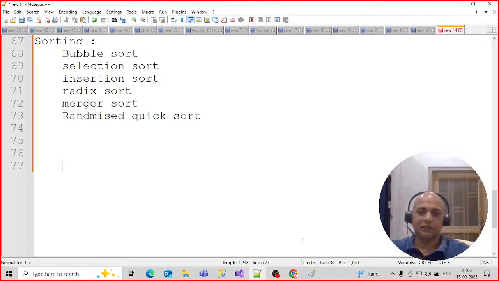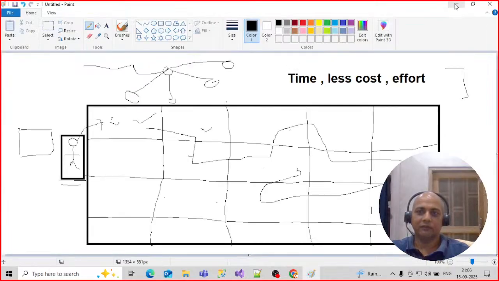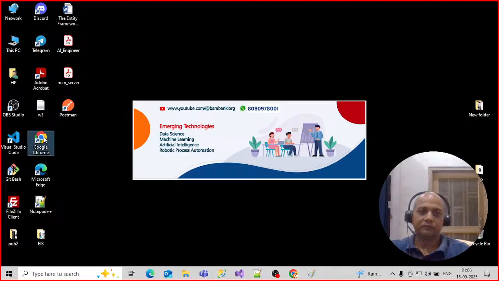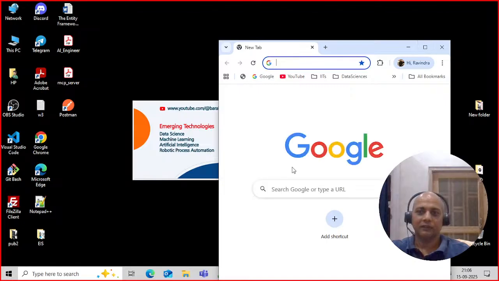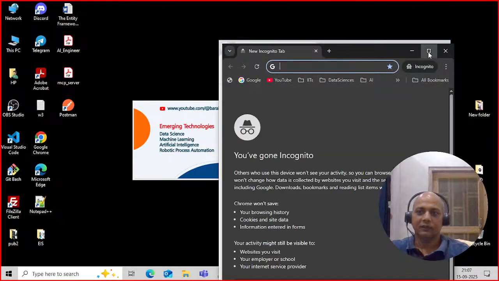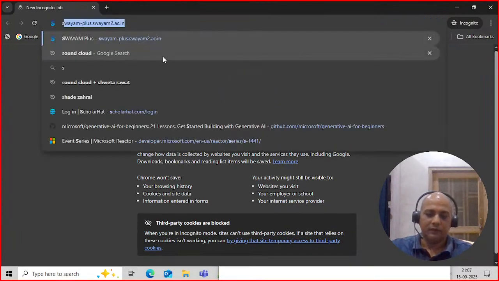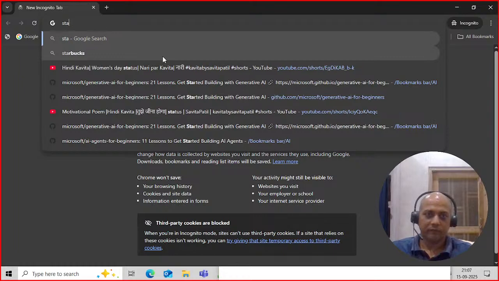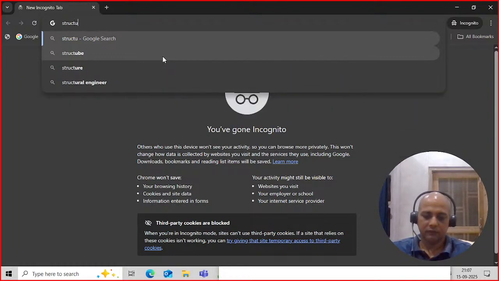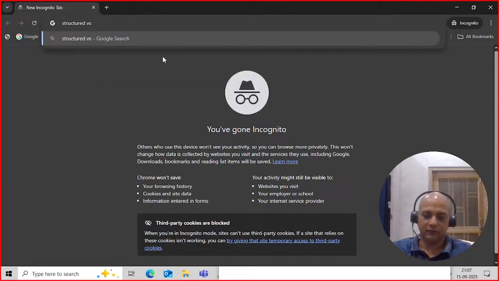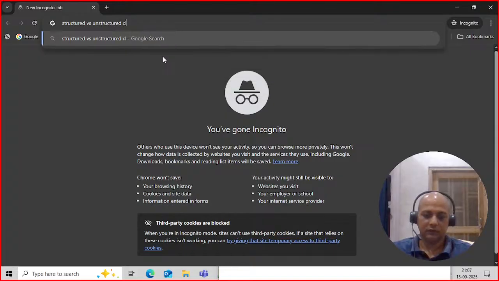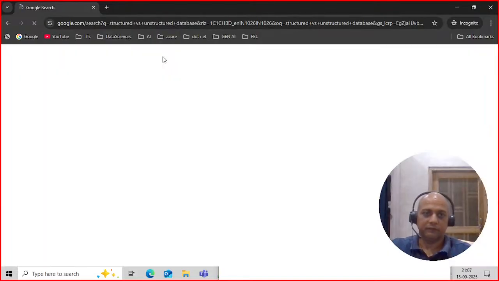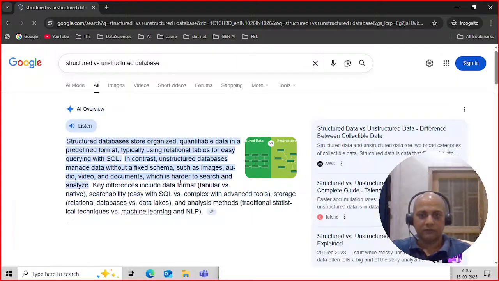If you search, you will find we have structured database and unstructured database, correct? Structured versus unstructured database.